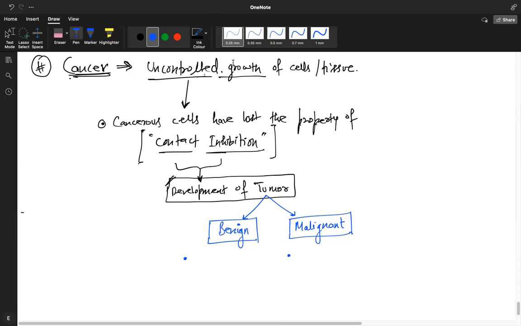It can lead to paralysis, but it has to be sheer luck, like a chance event. So benign is mostly, that's why I say mostly, not always, harmless, and it can be removed after a simple surgical procedure, and it does not spread.